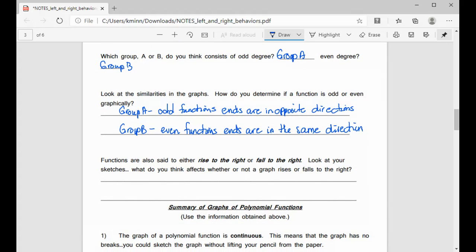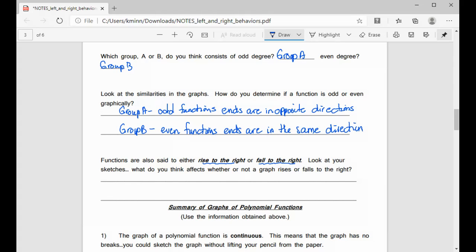When we talk about things going in the same direction on the left side or the right side, we are also referring to them as either rising to the right or falling to the right. Every time we look at a function, we read our functions just like we read a book from left to right. So functions that rise to the right versus fall to the right, what will affect that?